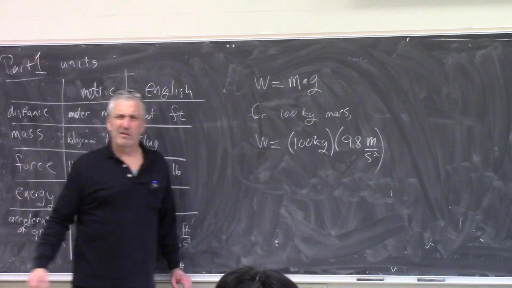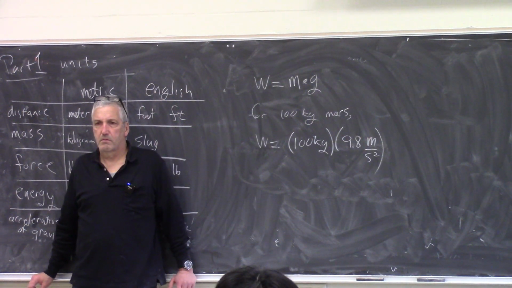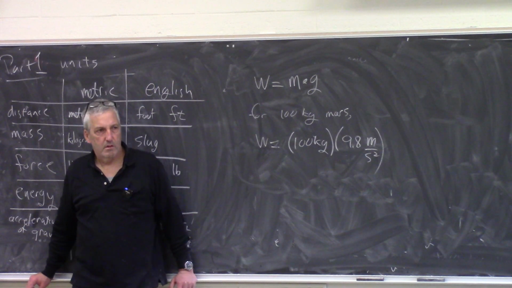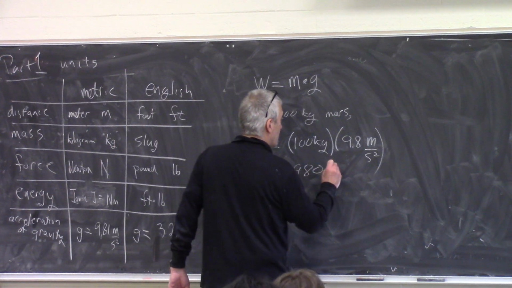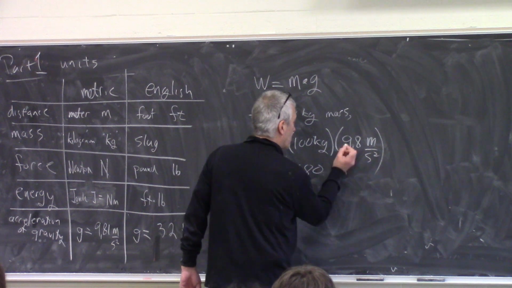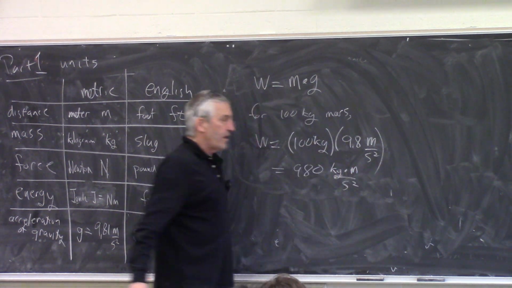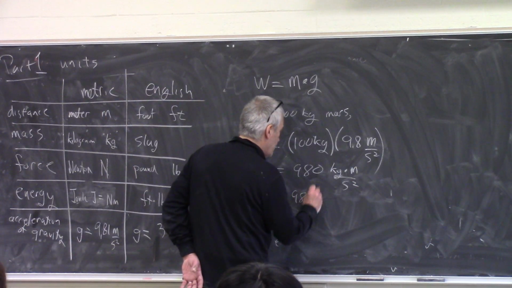What's up with that? Because the weight of anything is just the mass times the acceleration due to gravity. But what's up with this kilogram meters per second squared thing? That's what a newton is. So 980 kilogram meters per second squared, that's what a newton is. 980 newtons.